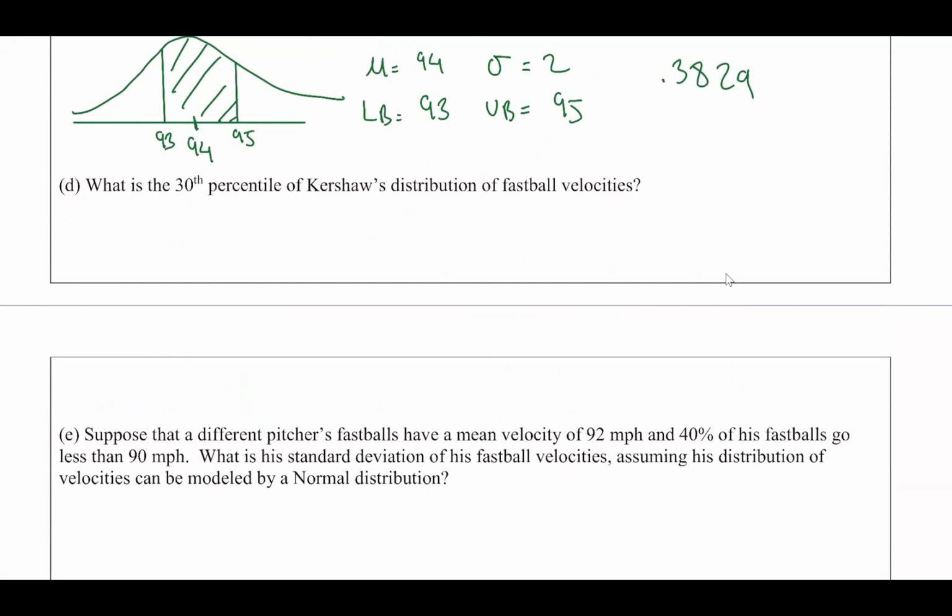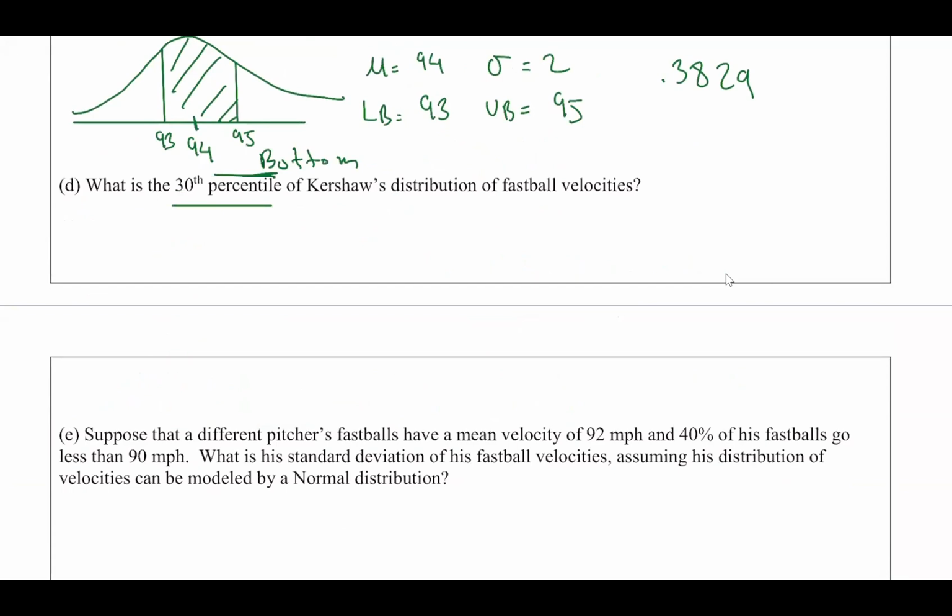So right here it is asking for the 30th percentile. Anytime you see the word percentile, they're always talking about the bottom. If it just mentions percentile, just know it wants the bottom percentile.